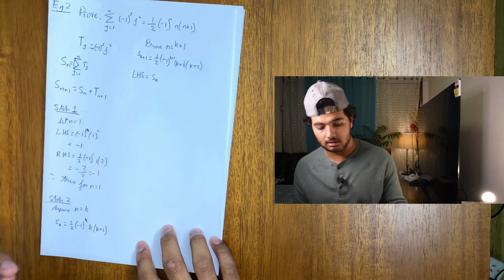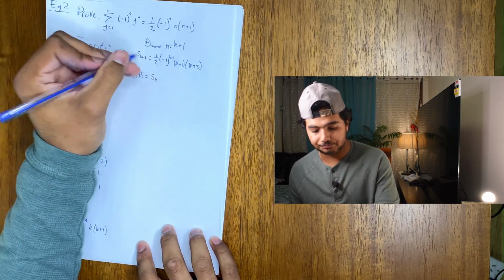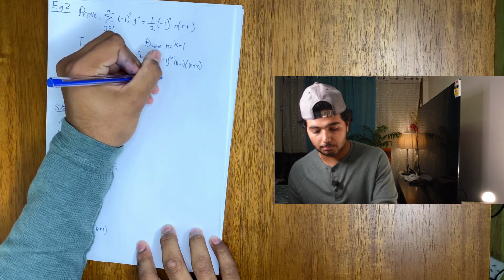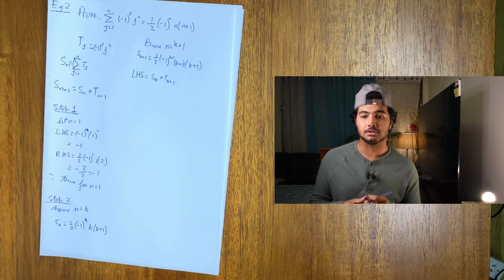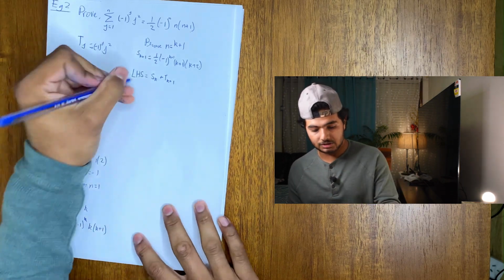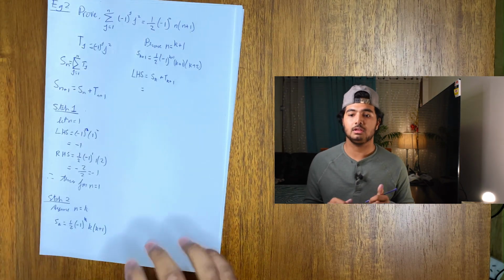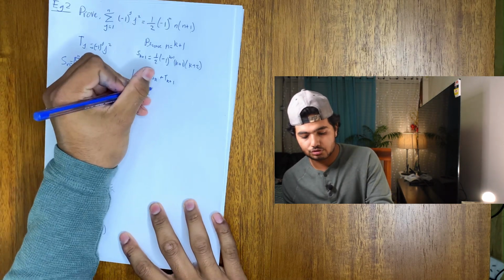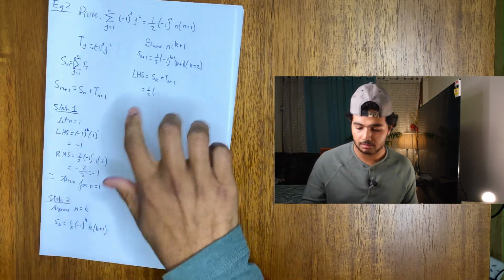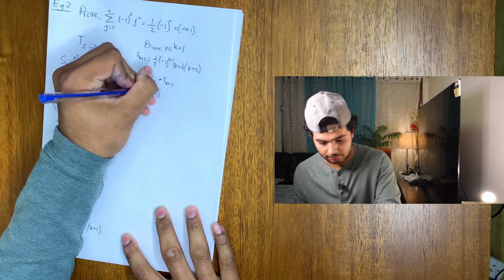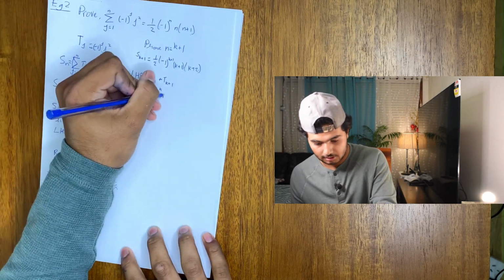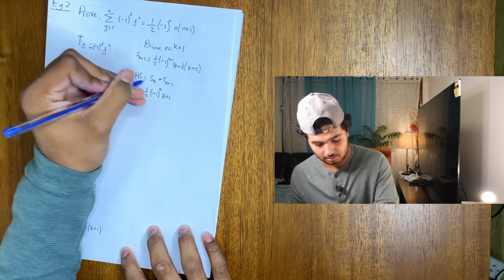S of k plus t of k plus 1 in this case. LHS, again, same thing. 1 upon 2, this one over here, negative 1 to the power of k. We have k plus 1.